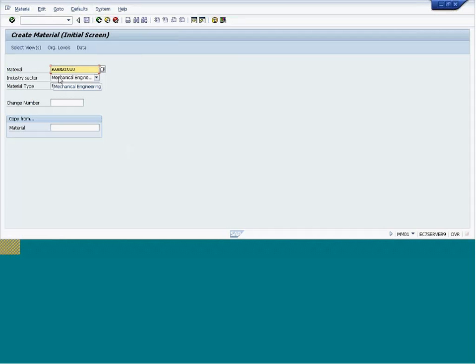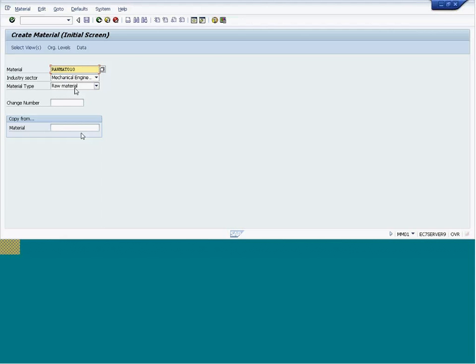Grade 1 material is, let's say, $100 per piece, and grade 2 material is $25 per piece. Same material, but two grades. The best way is that either you create two materials, or you use something called split valuation, where you can valuate your materials with different sources.